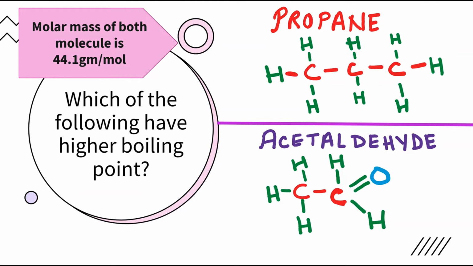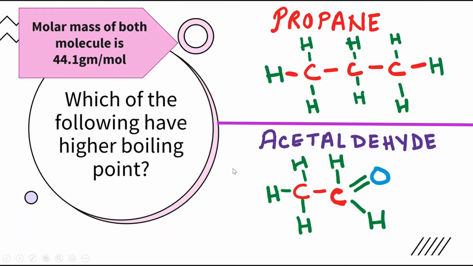Based on that learning, we should conclude that both of these molecules should have similar boiling points, because both have the same molar mass, so the number of electrons should also be the same, and they have similar surface area, that is, both are more or less similarly elongated. So both should have similar London dispersion forces and hence similar boiling points. But that's not the case.